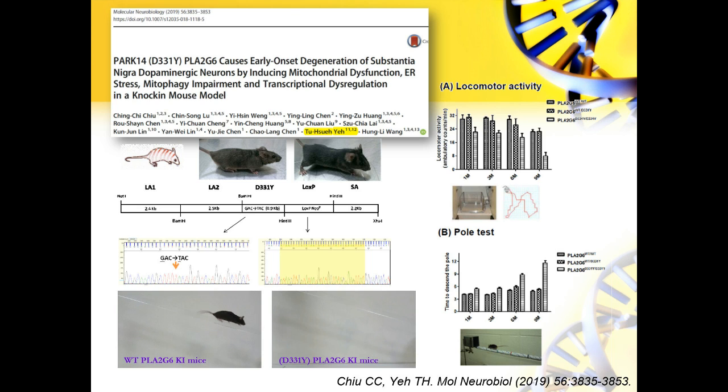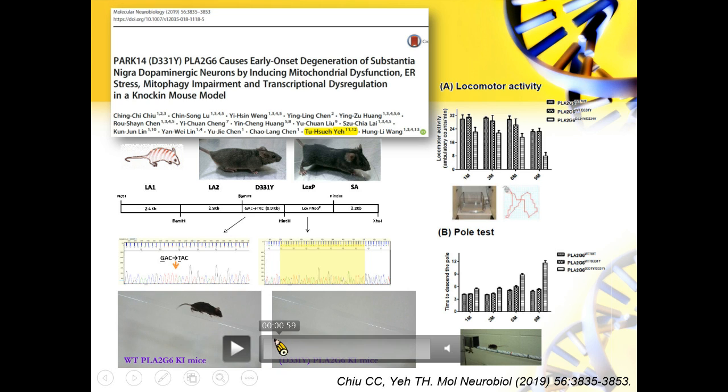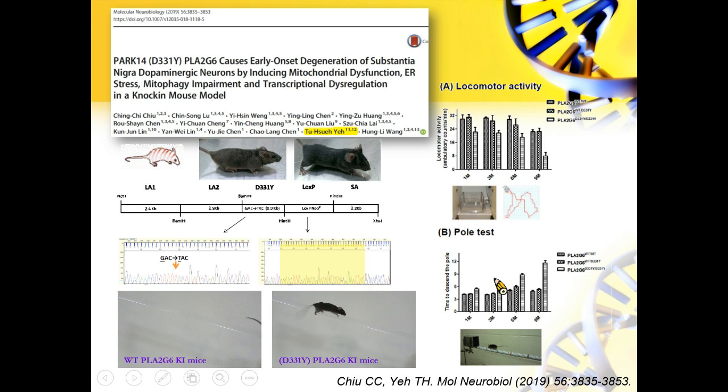In addition, we established a knock-in mouse model expressing common PLA2G6 mutation D331Y to study the molecular pathology and biomarkers of PLA2G6 and to develop potential neuroprotective treatment. Behavior tests include locomotor activity and pole tests performed in wild-type, heterozygous PLA2G6 and homozygous PLA2G6 D331Y mice at different ages.